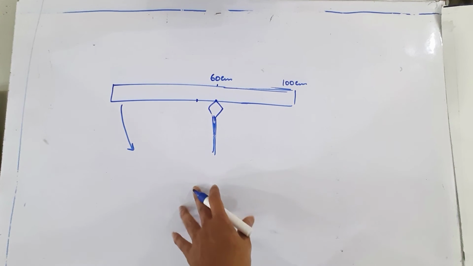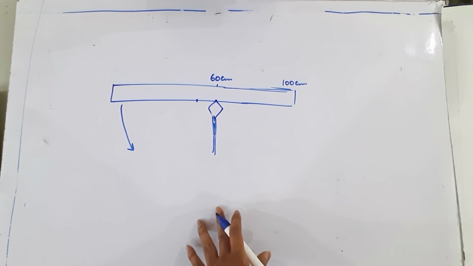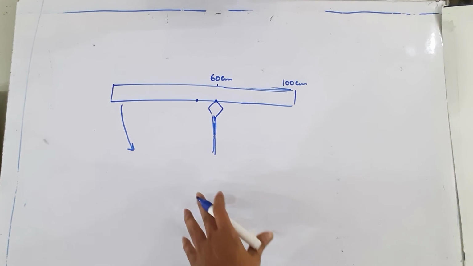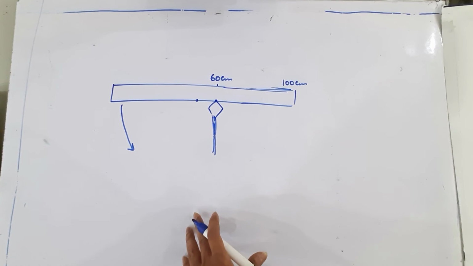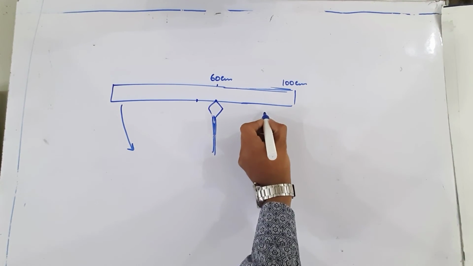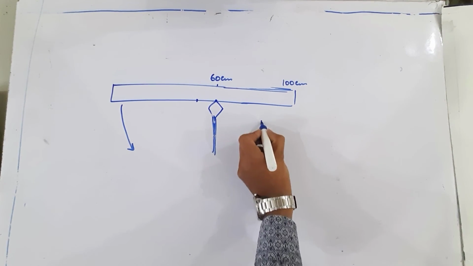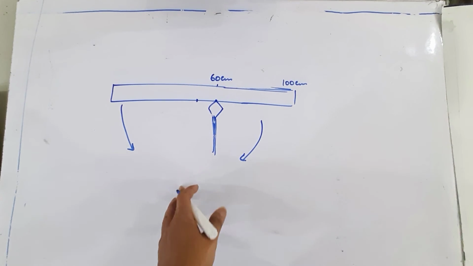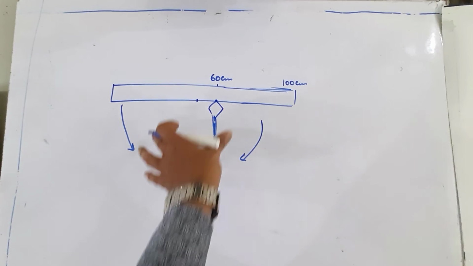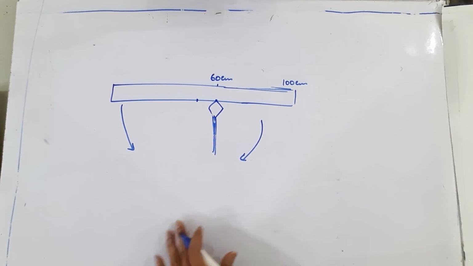So the question asks at which end you will place a mass such that the meter rule will be balanced. So obviously we have to place another mass in this direction such that the mass will generate a clockwise moment, and this clockwise moment should be the same as the anti-clockwise moment in order to balance the uniform meter rule.